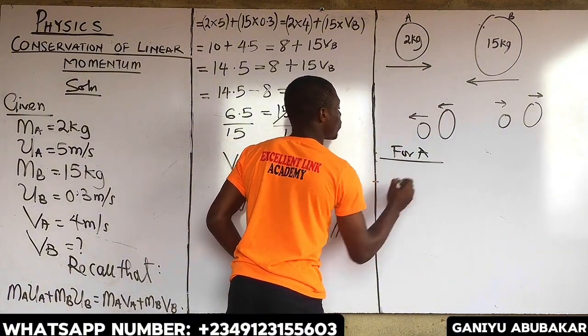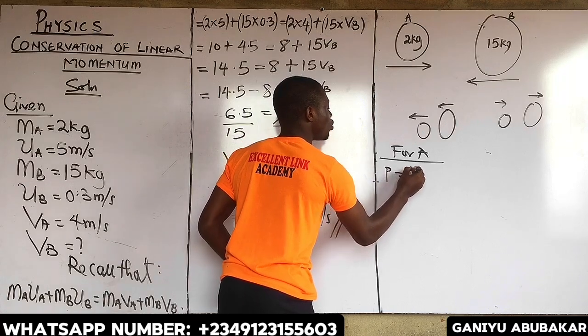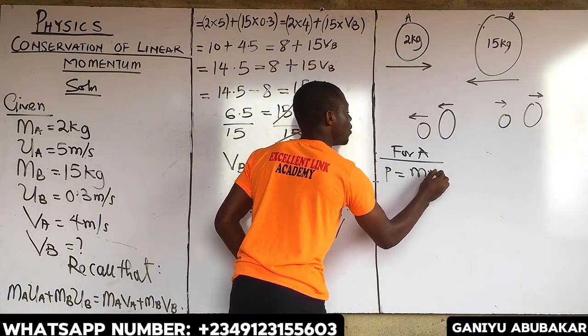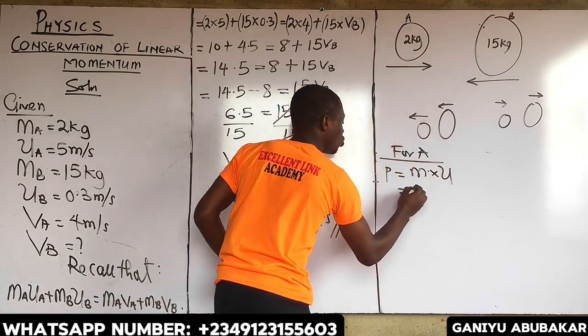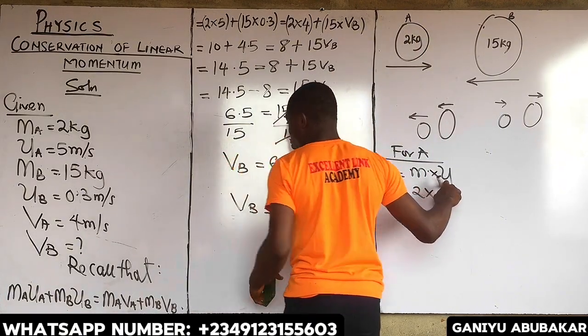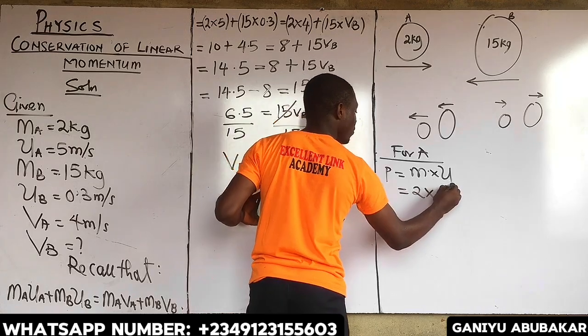For A, momentum P is equal to mass times velocity. My mass of body A is 2, times velocity U of body A, that's 5.